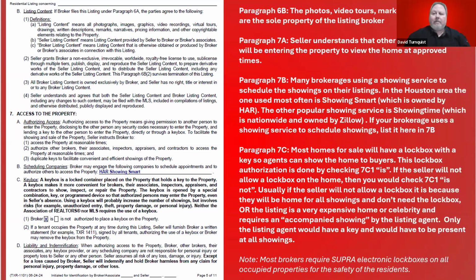So 95% of the time, this is going to be yes, the broker is authorized to put a lockbox on there. Every once in a while, the seller will say, no, I do not want that, and that's going to be on the next page. But sellers will sometimes say, I don't want people coming into my home, particularly like elderly people, and they don't really leave the house anyway. So they'll say, well, I'm going to be here. Okay.